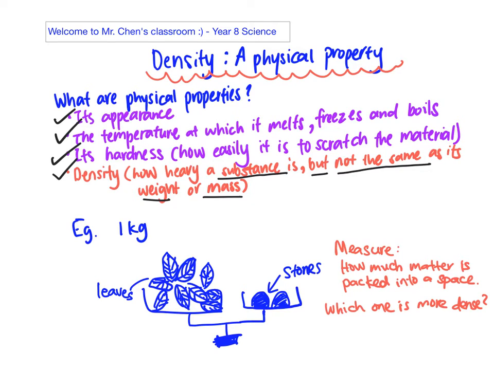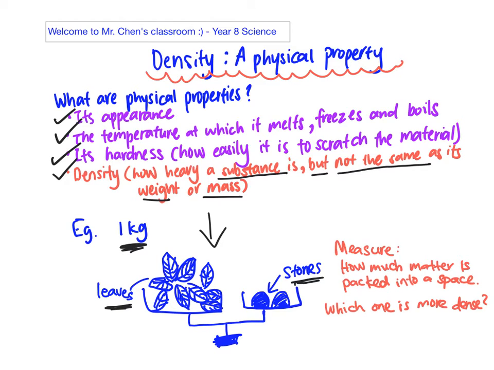The picture below describes quite perfectly what density is. For example, the first one, 1 kilo of leaf and 1 kilo of stone. I'm sure you know a leaf is a lot lighter than stone. So that means leaf is a lot less dense than stone.